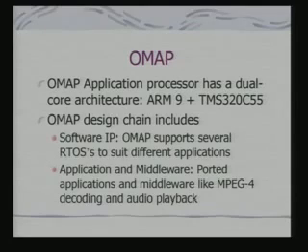The OMAP application processor, we have already seen, has a dual core architecture, ARM9 as well as C55 DSP, and its design chain includes software IP, that is, OMAP supports several real-time OSs to suit different applications. So you can use those OSs to program this SoC for application development.